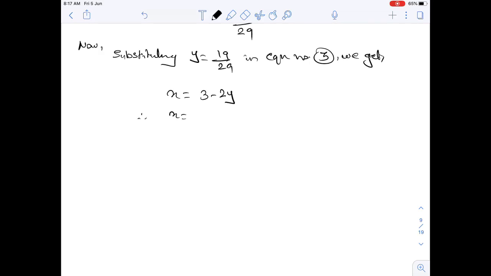Therefore x equals 3 minus 2 into, now what is the value of y? So we have it as 19 upon 29. So 19 upon 29. Therefore you will get x equals 3 minus, now 19 2s are 38.